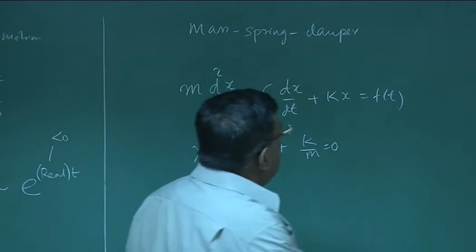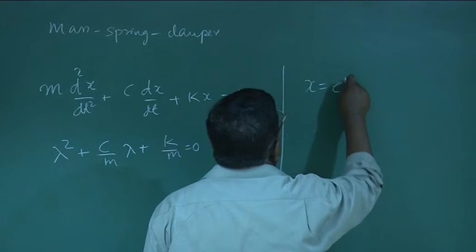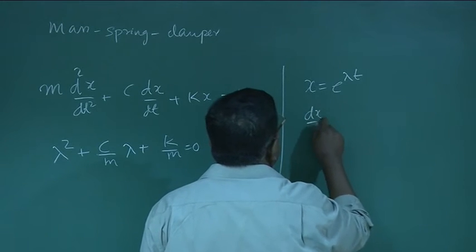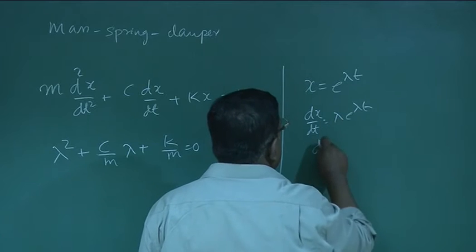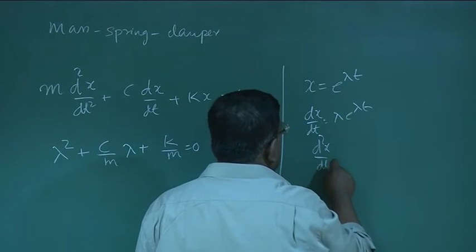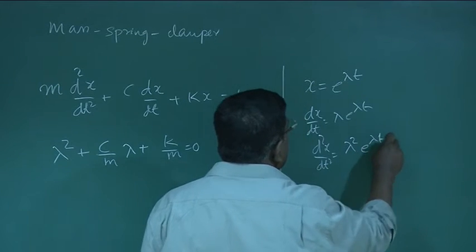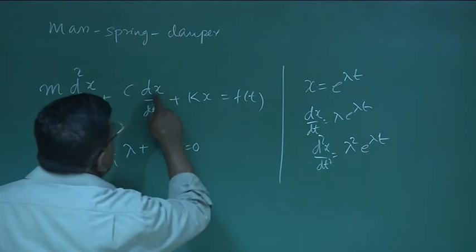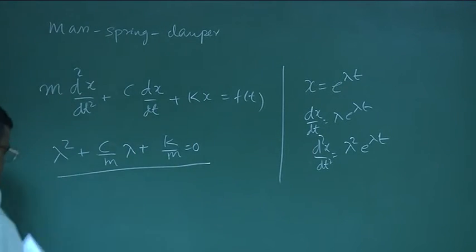For those who are not immediately in touch, we find it by putting e to the power lambda t. So dx by dt will be lambda e to the power lambda t, and d square x by dt square will be lambda square e to the power lambda t. So you substitute for d square x by dt square and for dx by dt, take common, and then you get the characteristic equation.